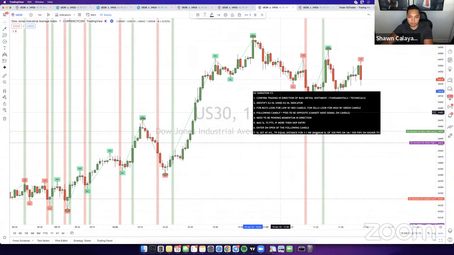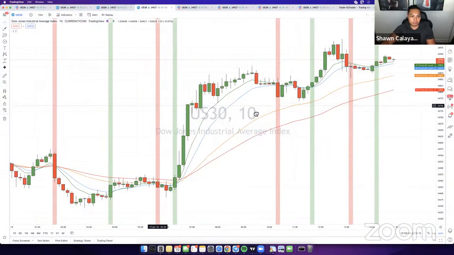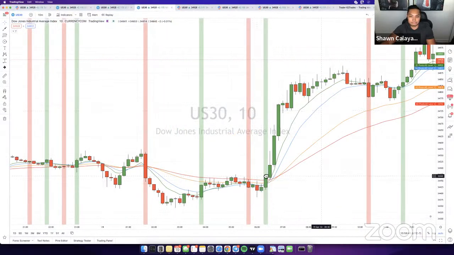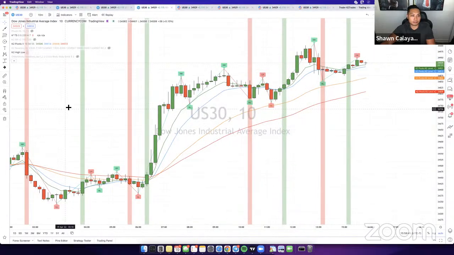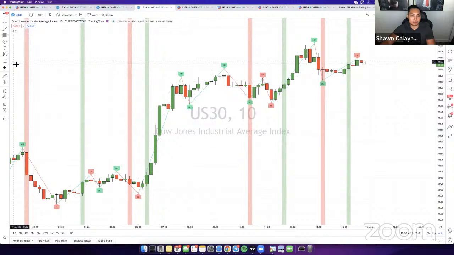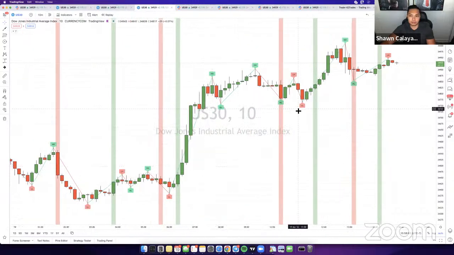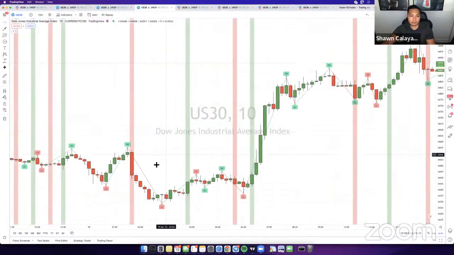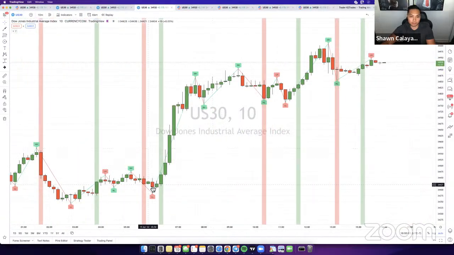All right, let's just go on the 10 minute because we're not going to find one on here. Let's go to the 10 minute over here real quick. See if I can find one. High lows. Turn off the pivots. I swear we had one this morning.